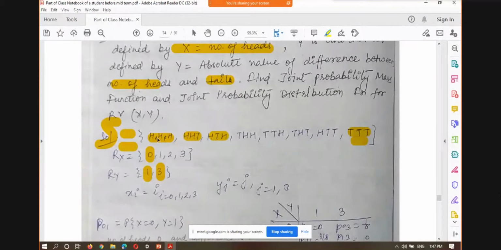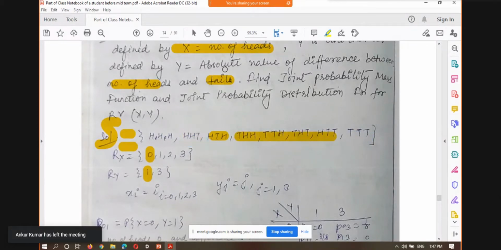Similarly for this. All these values are mapped to 1 as per the definition of y, because the absolute difference of the number of heads and the number of tails is 1. So these are the values taken by the random variable y.